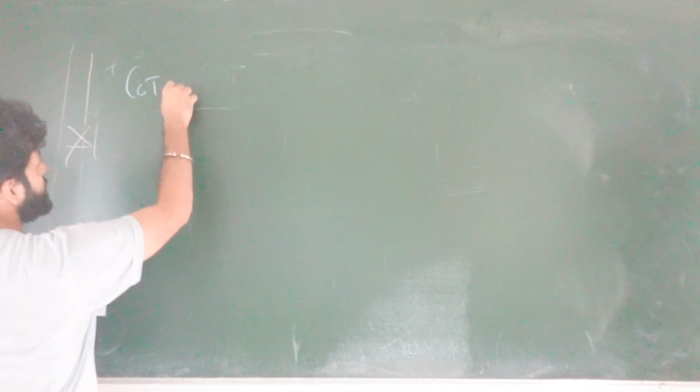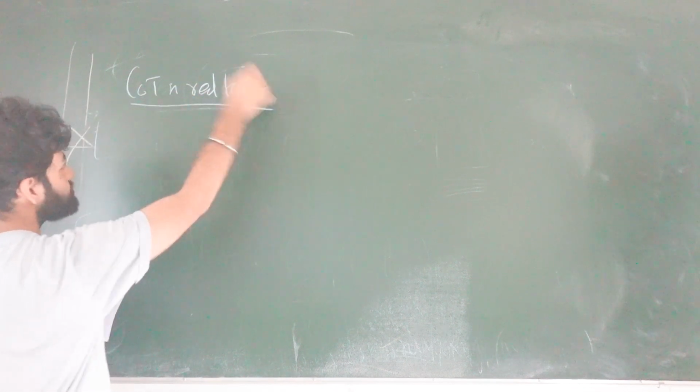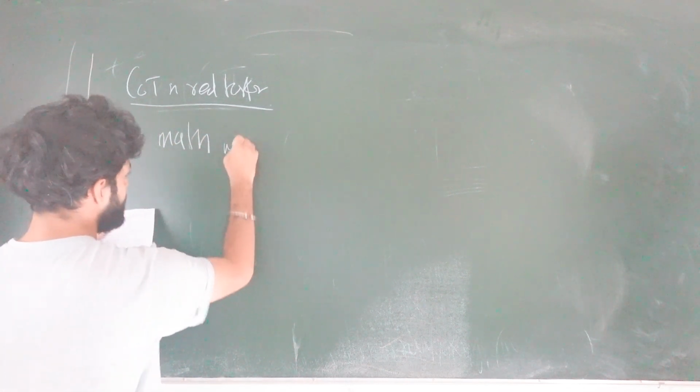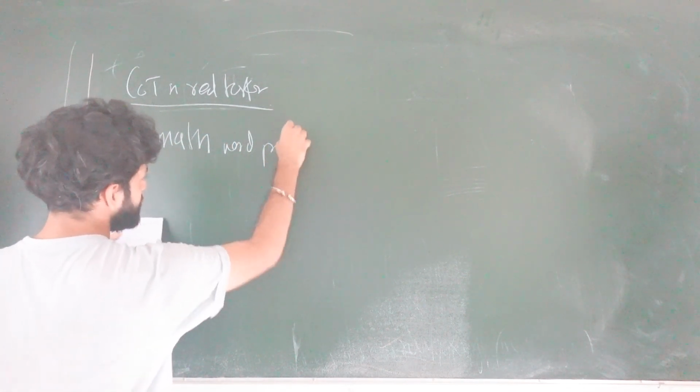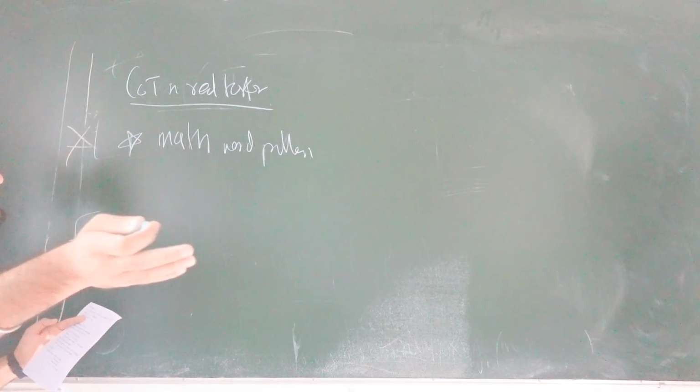Apart from that, let's move forward and see COT in real tasks, like how it does in the real-world environment. A few of the examples could be math word problems. COT works great, like you might have seen on ChatGPT when you supply a numerical or physics question.